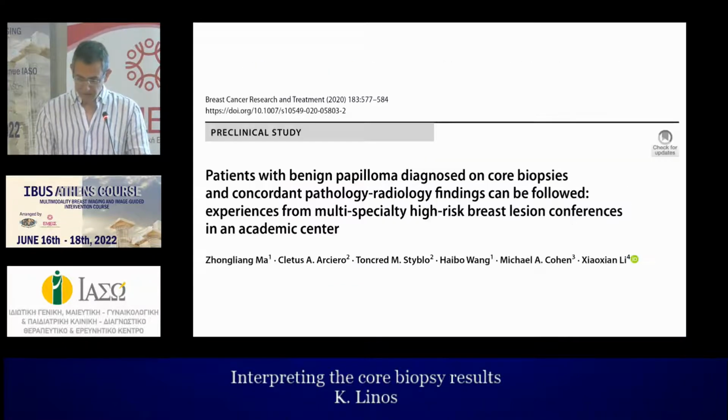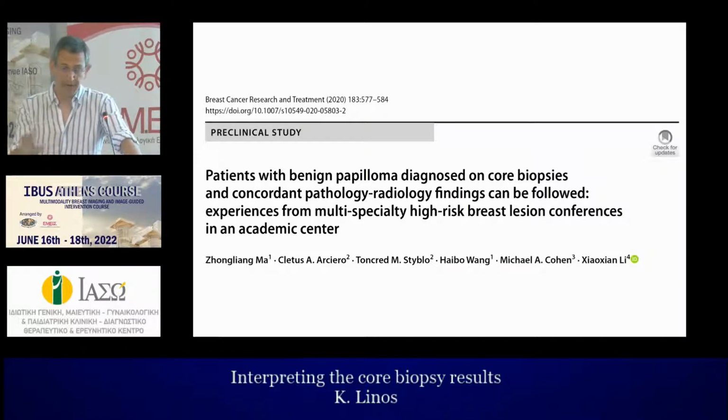And this was a study of patients who had radiologically concordant papilloma that were evaluated in a bi-weekly multidisciplinary conference, where they recommended surveillance for benign papillomas that had either ADH with less than 2 foci, or LCIS, or ALH. These were the inclusion criteria, and they recommended surveillance. And actually they had a very low rate of upgrade.